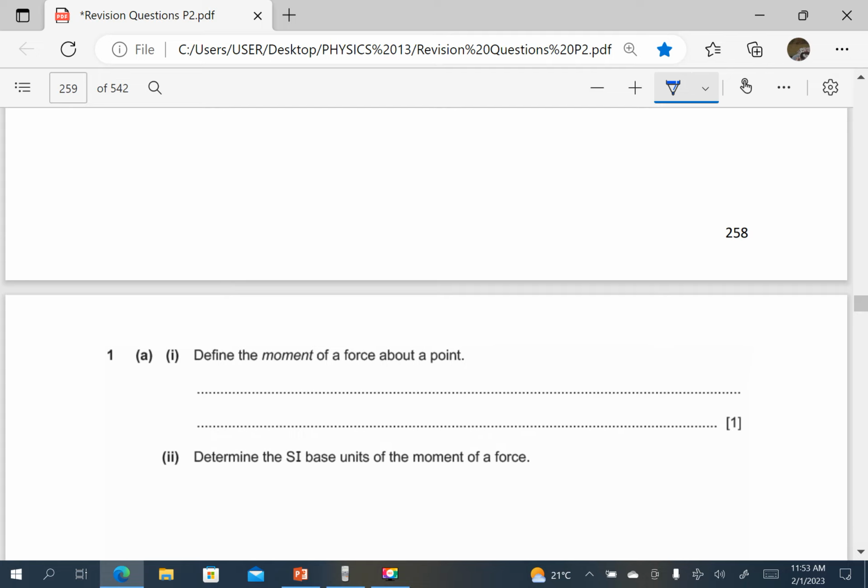Define the moment of a force. So we have said this is force times perpendicular distance of the line of action of the force from the pivot or to the point.